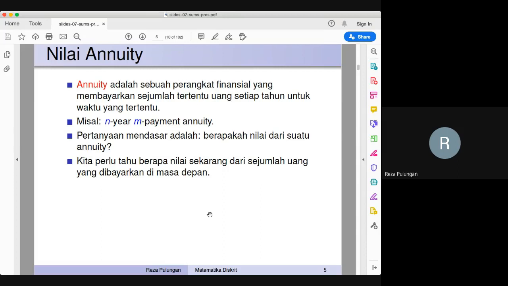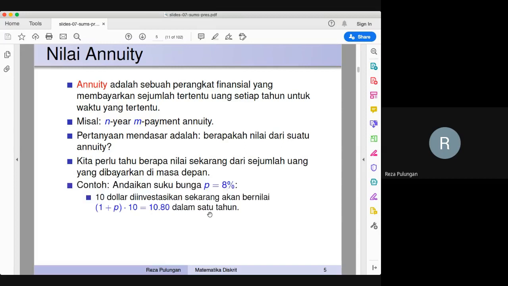But if I give you the money 1 year from now, the value of this money is not actually $1,000 anymore. Why? Because if I were to give you the money right now, you can put the money in the bank, and the bank will give you interest. So at the end of the year, you will have a larger amount of money.